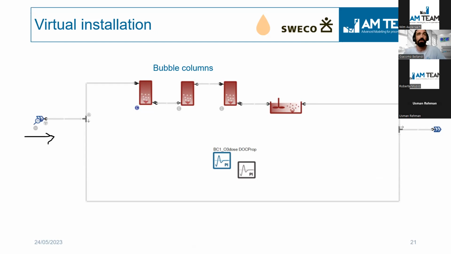What we see in front of you is really the virtual pilot plant, in which the flow, the water matrix goes in through bubble columns, in which the ozone dose can be delivered. It can be designed in many ways in accordance with the client, and then the ozone dose can be delivered with many strategies like flow proportional, DOC proportional, and many others.